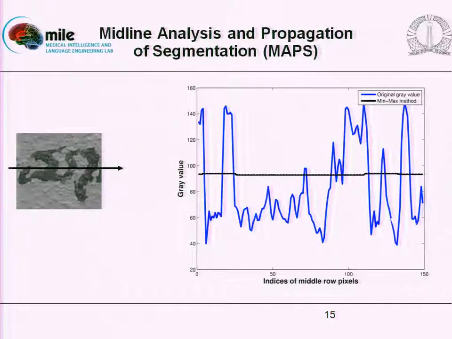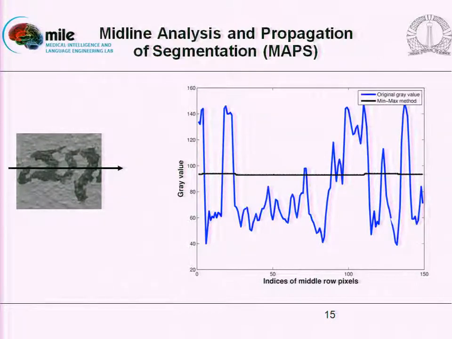We place a window and move the window along the middle row. At the center of the window, we estimate the max and min value and average it to obtain the threshold. From this, we get two statistics: we estimate the mean and variance for the max value and the min value.